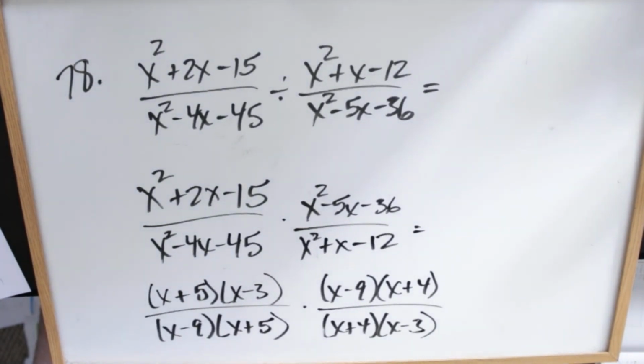So, all right, what do we got? Let's do, so the x plus 5, x plus 5, x plus 4, x plus 4. Again, this is multiplying, so again, you can think of it as being in the same fraction. x plus 9, or minus 9, x minus 9, x minus 3, x minus 3. What's left? Nothing is left. So here's what you should not write.